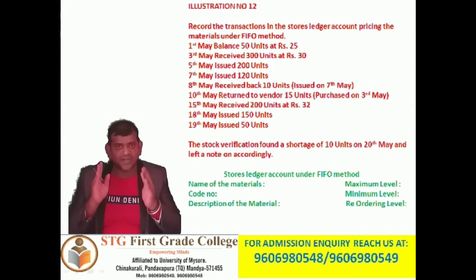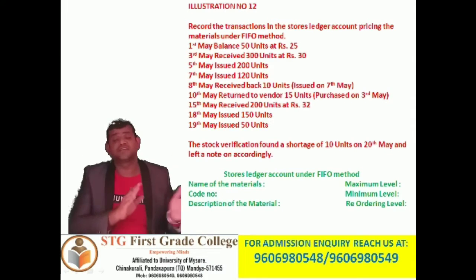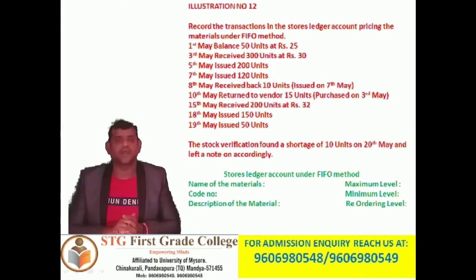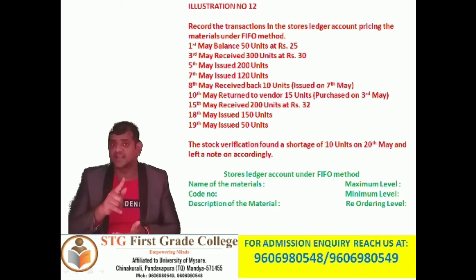So store can return back the materials to the vendor. So that is on 10th May, return to vendors 15 units, which was purchased on 3rd May. So then I am supposed to consider 3rd May price for return to vendor.